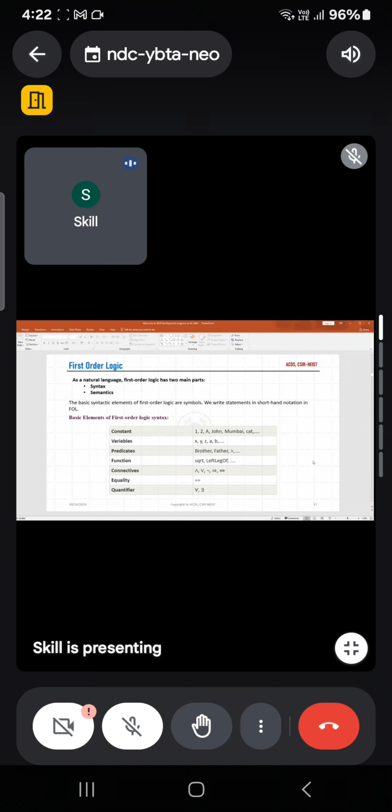So some of the symbols we have used, that we are going to see.